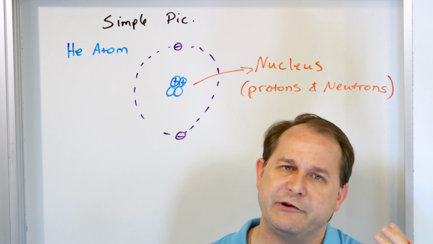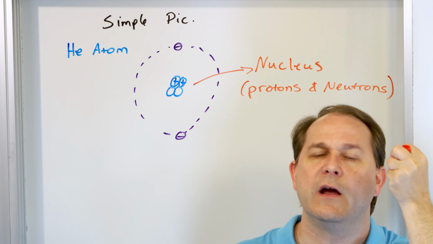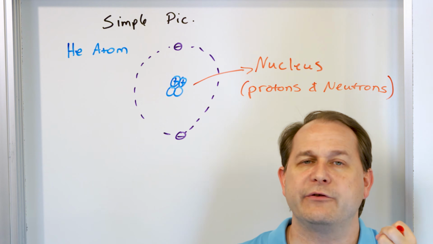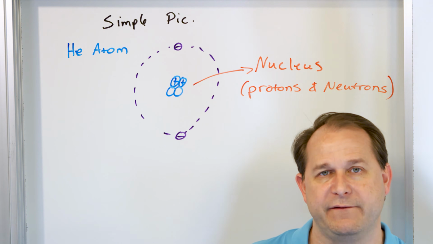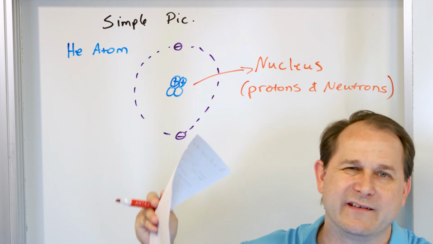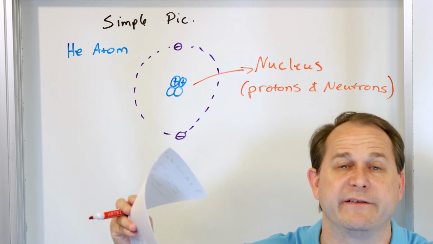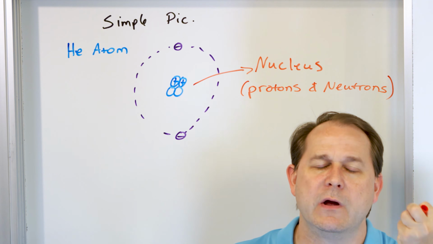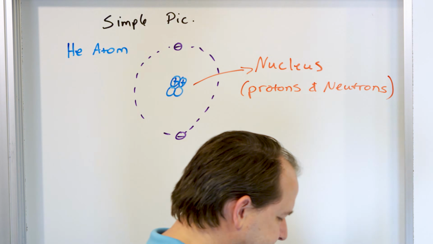So when you look at this picture and the idea that the nucleus is concentrated with the protons and the neutrons, you understand why most of the mass of the atom is in the nucleus, in the center of the atom. Surrounding that is a lot of empty space with some electrons that don't have much mass at all. So atoms, all of them on the periodic table, have almost all of their mass concentrated in the center.